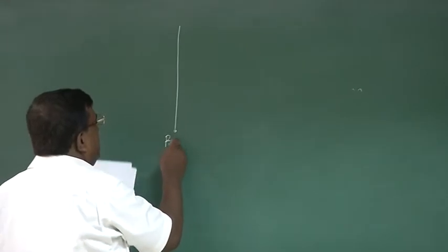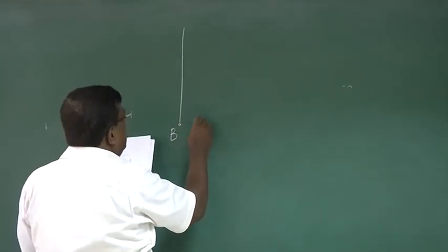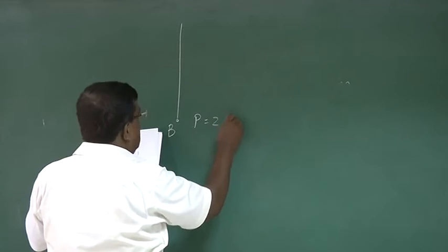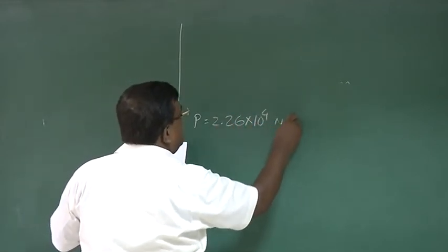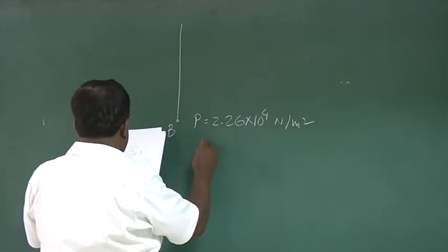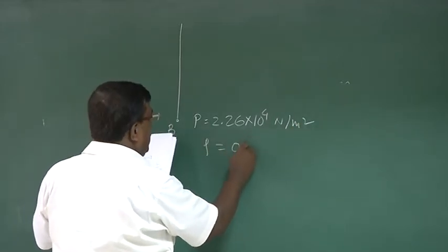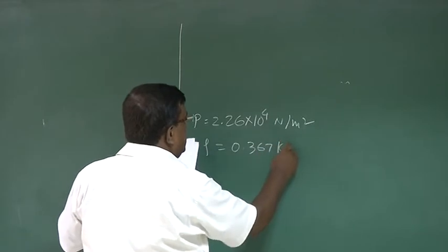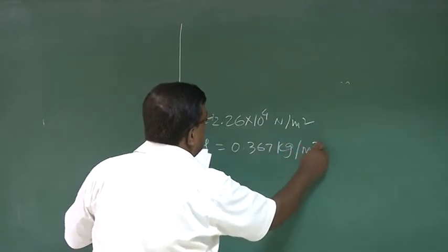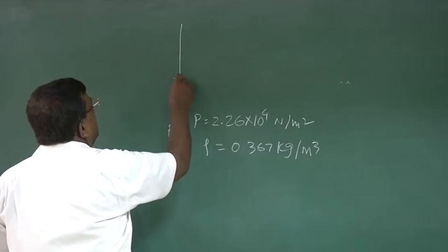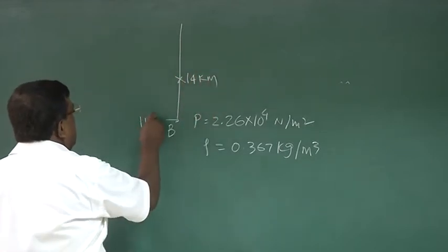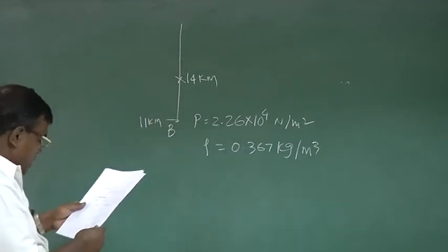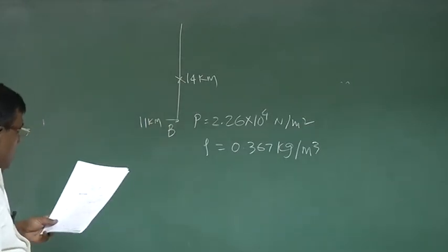So our problem is now, this is the point B. Now I know P is 2.26 into 10 to the power 4 Newton per meter square, and rho is 0.367 kg per meter cube. I have to find values at 14 kilometer, and this is 11 kilometer. So we'll check the relationship for the tropopause.